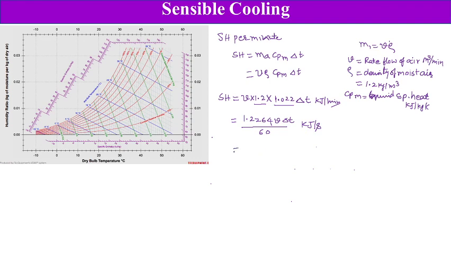On simplification, this works out to be 0.02044 V into delta T kilojoules per second, or that is in kilowatt. So this is about sensible cooling.